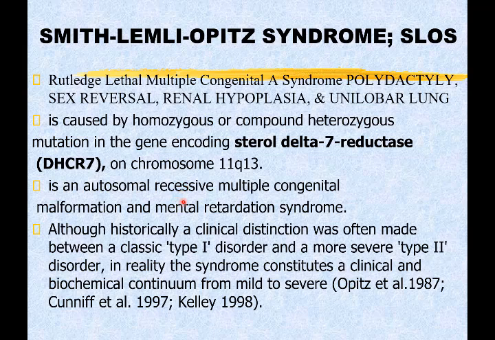It is an autosomal recessive multiple congenital malformation and mental retardation syndrome. Although historically a clinical distinction was often made between a classic type 1 disorder and a more severe type 2 disorder, in reality the syndrome constitutes a clinical and biochemical continuum from mild to severe.